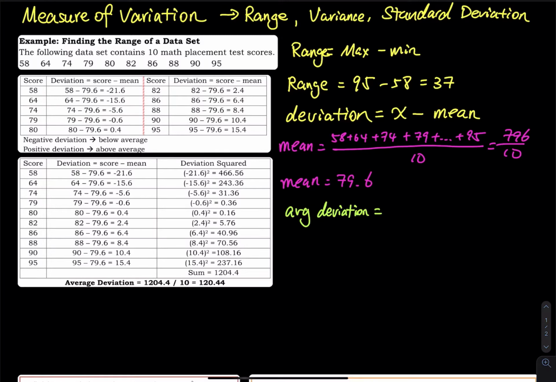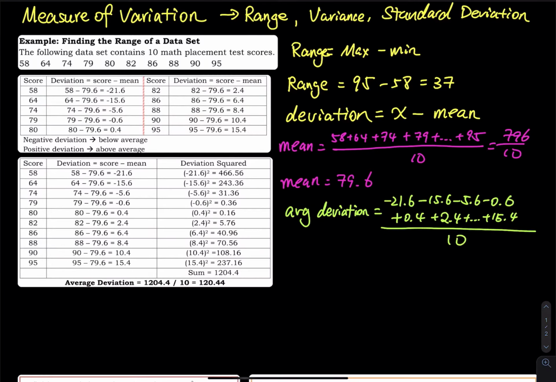The first deviation is negative 21.6, and then we add 15.6. Adding a negative means you subtract, right? 15.6 and then 5.6 minus 0.6, and then plus, because 0.4 is positive, and then 2.4, and then we go all the way to 15.4, and then divided by 10 scores.